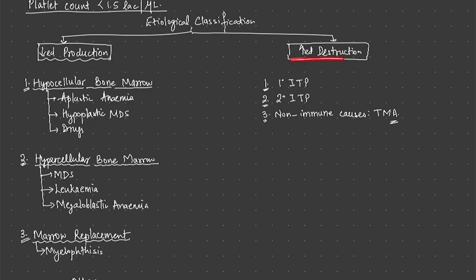Increased destruction is mostly autoimmune. If the autoimmune cause is idiopathic, no associated condition, it is called primary ITP. If there is some associated condition like connective tissue disorders or some drugs or some infections like HIV, this is known as secondary ITP.